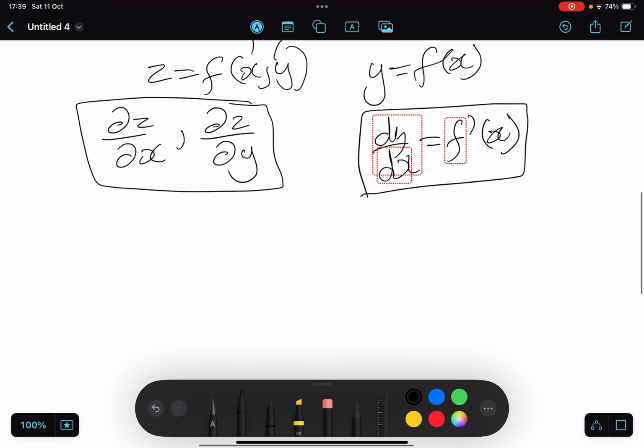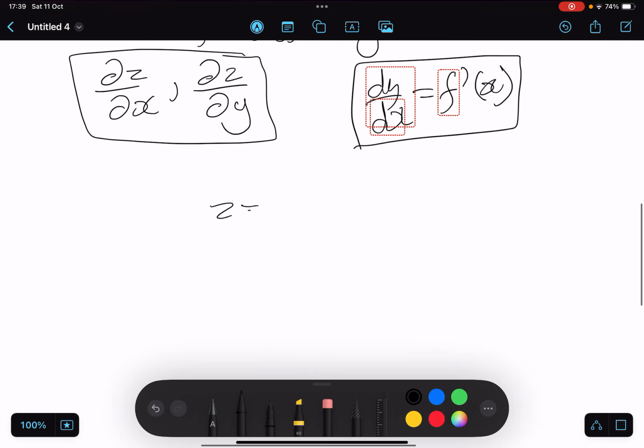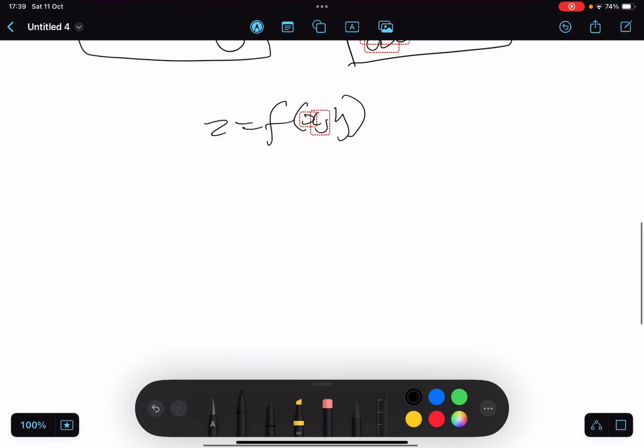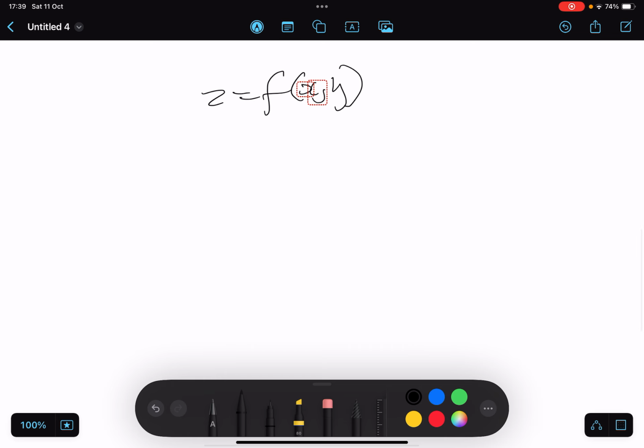There's something you have to note here, especially with the notation. If still we have z is equal to f of x y, the notation is very important. If you're differentiating this with respect to x, it's going to be partial d dx, which is the same thing as z subscript x. This is very important, and in this case y is going to be a constant.